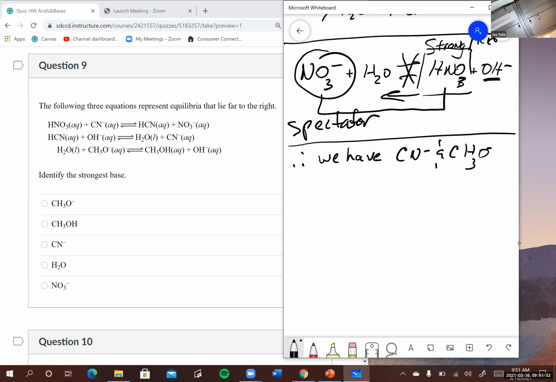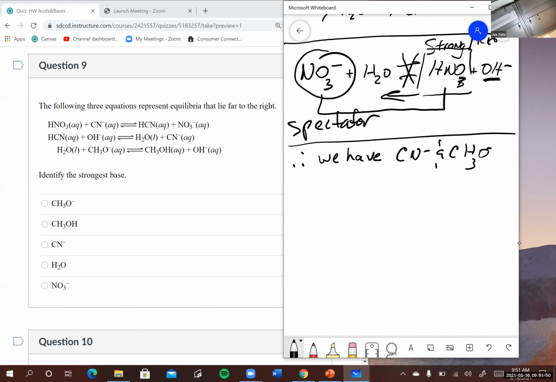So let's take a look at the equilibrium that they give us. We have nitric acid, which is a strong acid, plus cyanide, which is a weak base. So we got a strong acid, a weak base, and it says it lies way to the right.